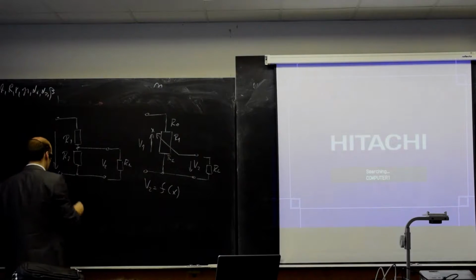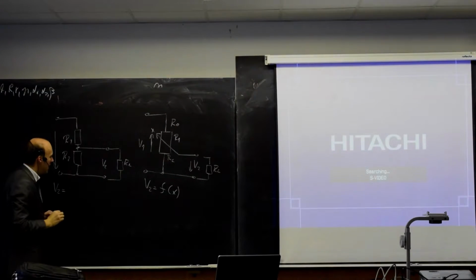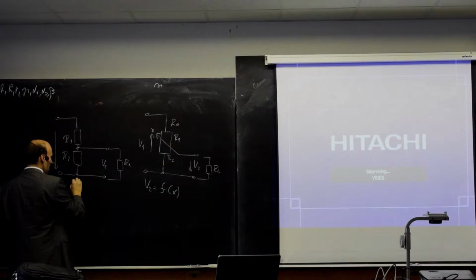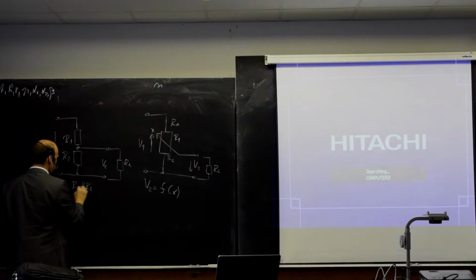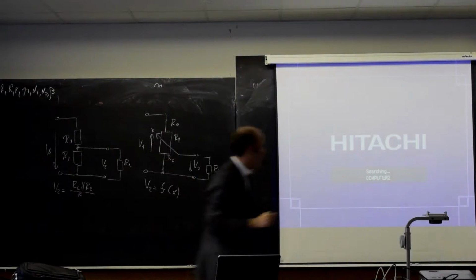So if I write the equation for V2, it will be looking like this. It will be RL in parallel to R2 over R. That's not correct. Hold on.